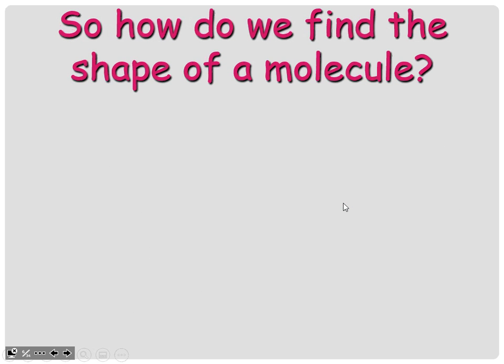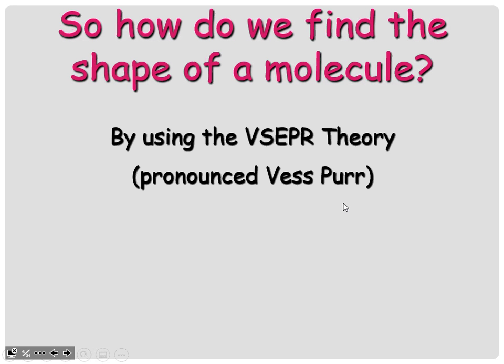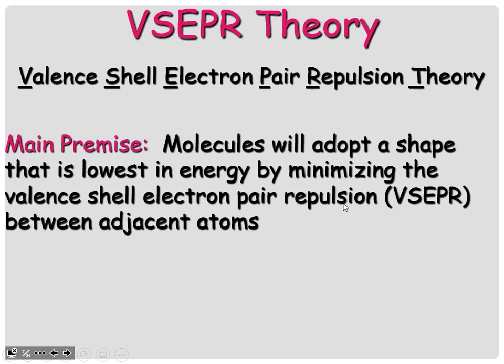So how do we find the shapes of molecules? We use the VSEPR theory, the valence shell electron pair repulsion theory. And what that theory states is that molecules will adopt a shape that is lowest in energy by minimizing the valence shell electron pair repulsion between adjacent atoms. Now, what that long definition means is that electrons are negative charges.